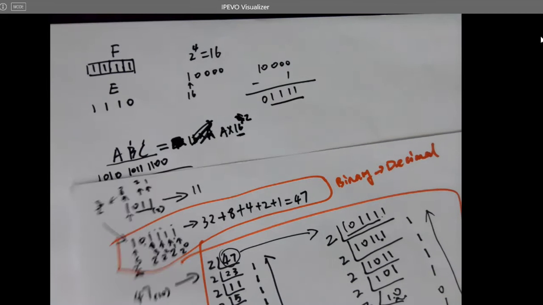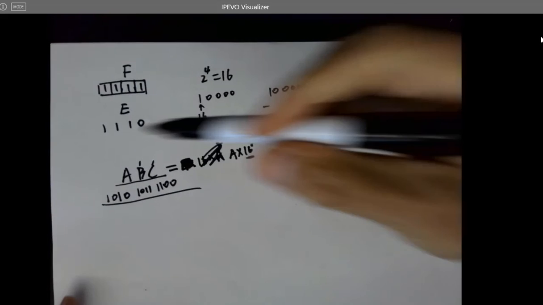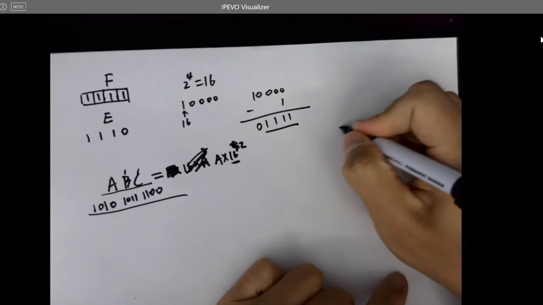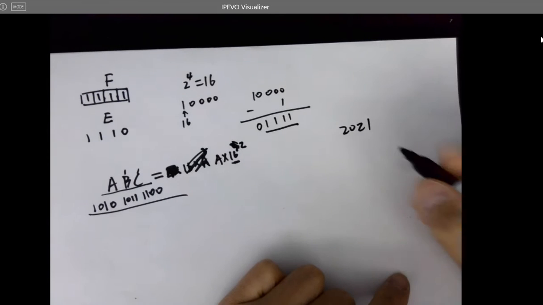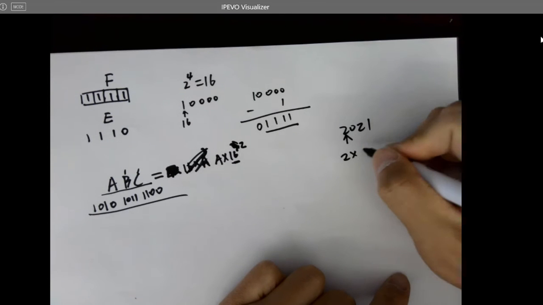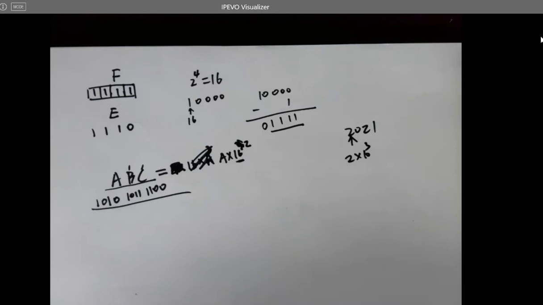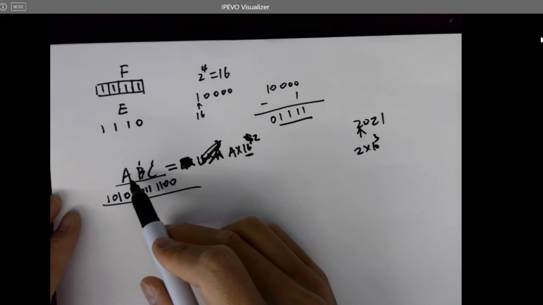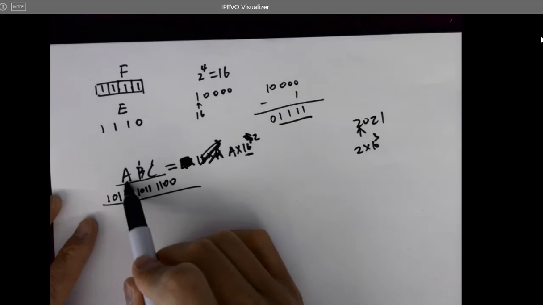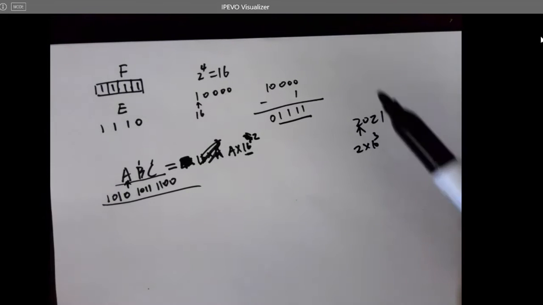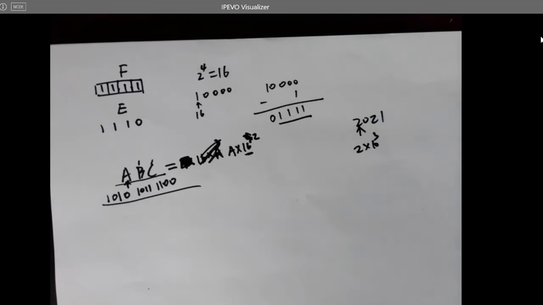The reason for that is, if I write down a number like 2021, this 2 is not 2, it's 2000. So it's 2 times 10 to the third power. Same concept. A is not 10 here. It's being written in the third place from the right, so it's not 10 anymore.